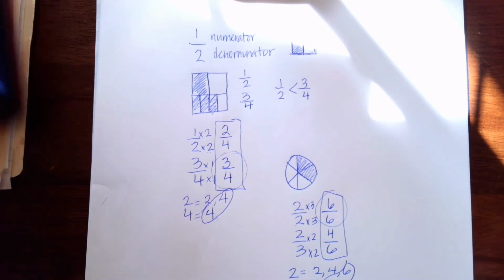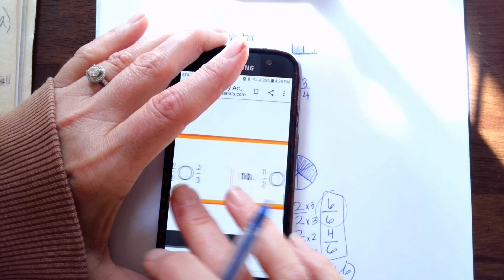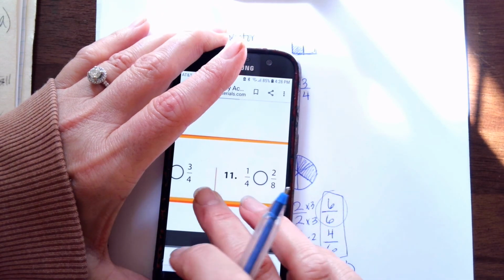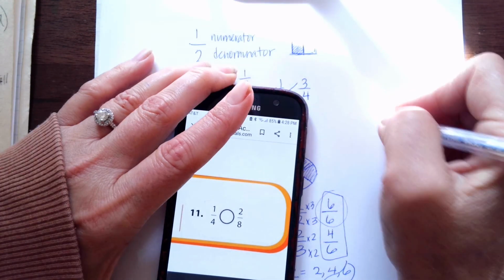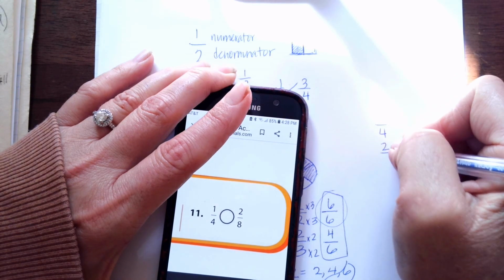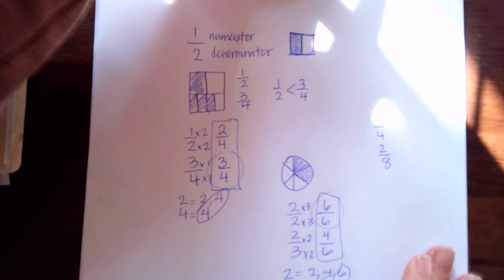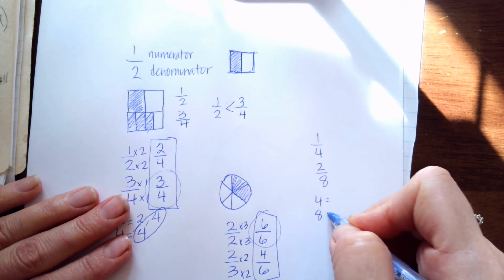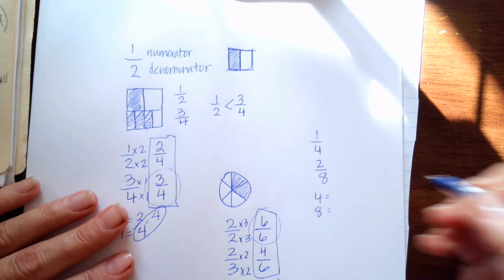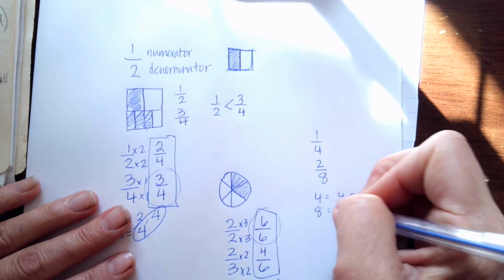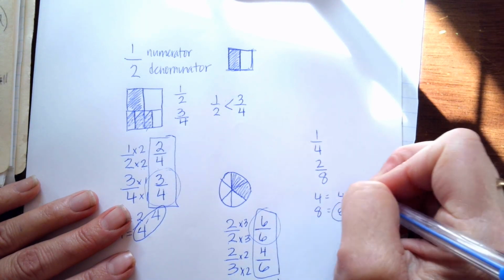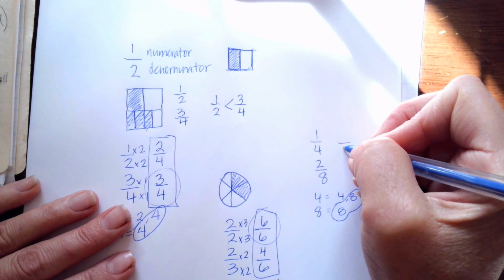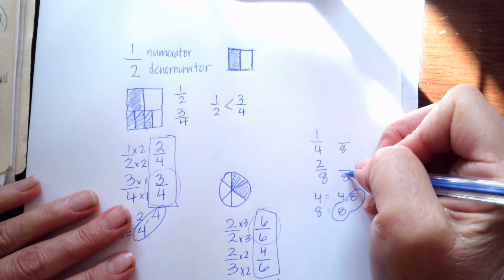And then for our last one that we had, we just did 1/4 and 2/8. So if I had 1/4 and I had 2/8, I would rewrite my denominators down here and I would count up until I got to a common number, which is 8. I change this to an 8. This is already an 8.